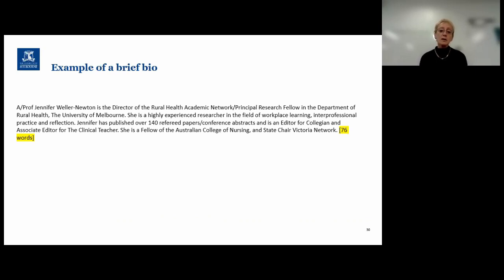It also tells you a little bit about what I do outside of my work, so that I'm editor on a couple of journals. It will tell someone who doesn't know anything about me, if they were just reading it, well, she's a fellow of the Australian College of Nursing and state chair for the Victoria Network. So one could clearly make the assumption that Jenny Weller-Newton must have a nursing connection somewhere. So that's an example of a very brief bio.